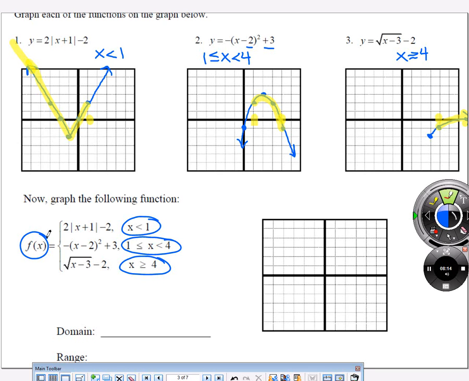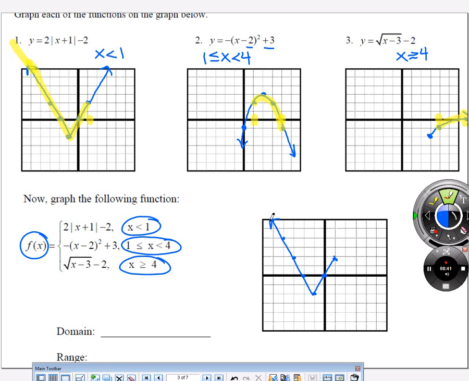So we want this function only when x is less than 1. Look at what we highlighted where x is less than 1. Put that portion of the graph onto our final version of the graph. So I'm going to put that much of that function, okay?